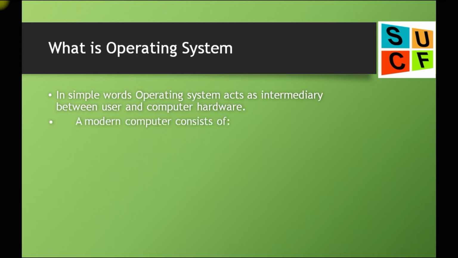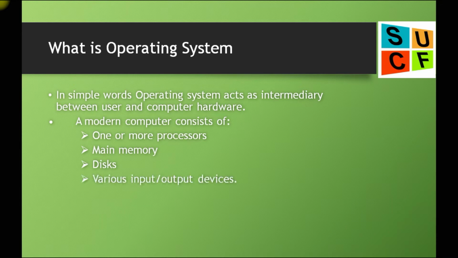Today's modern computers consist of four basic elements: a processor or processing device, main memory, which we more familiarly call RAM, the secondary memory, called internal memory or disks, hard disks, and various input and output devices which are connected.